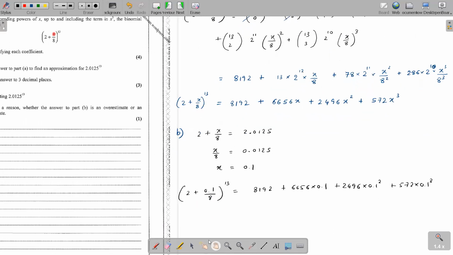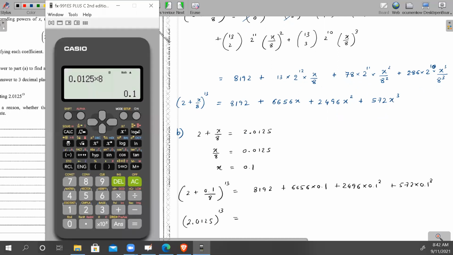This is definitely going to be 2.0125 to the power 13. The other side you need to type in the calculator, and they want the answer to 3dp. So that is 8192 plus 6656 into 0.1 plus 2496 into 0.1 squared plus 572 into 0.1 cubed.